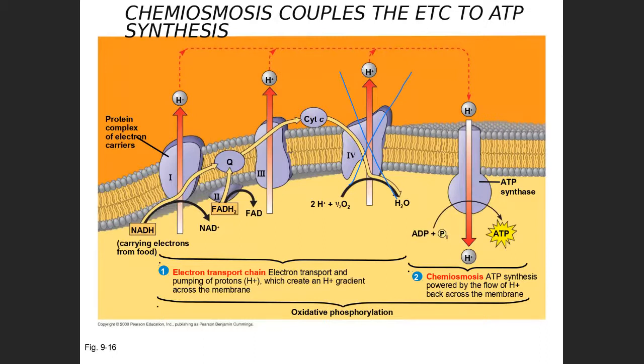So it will give the electrons: okay, you can take the electrons from me. I will become NAD plus again. This is how the NAD plus circulates. But this next one is more electronegative than this one, so it will attract those electrons coming from here. And this is more electronegative. It will pass them along until it gives them to the final acceptor of electrons, which is the oxygen.